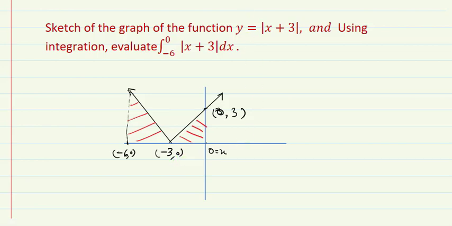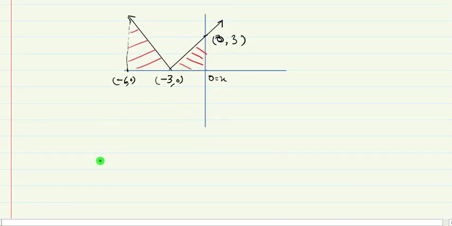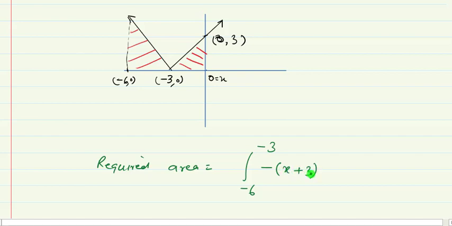The required area can be written as: one part is from minus 6 to minus 3, and for this we have the function as minus x plus 3, because for minus 6 to minus 3, x will be less than minus 3.